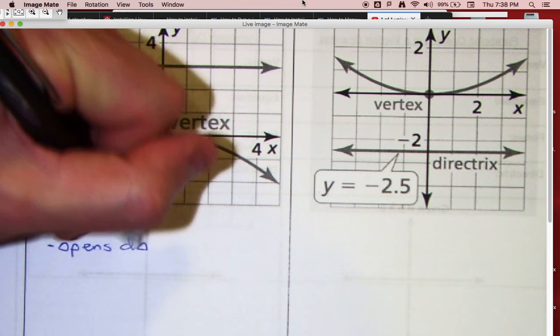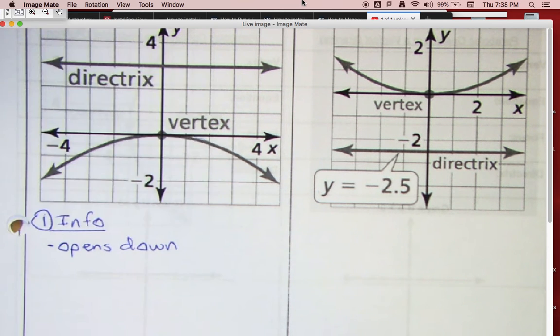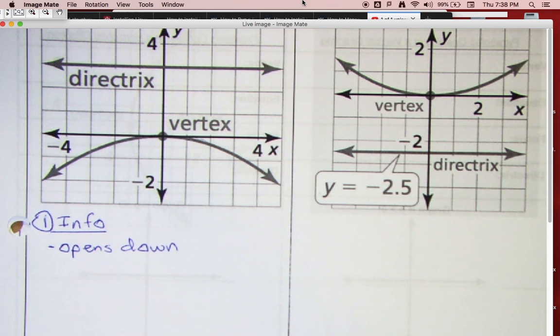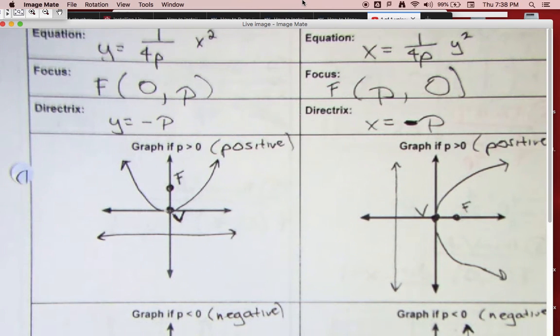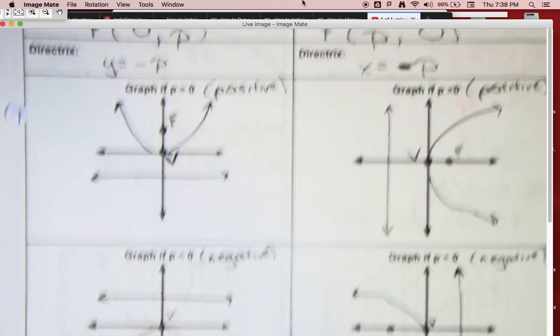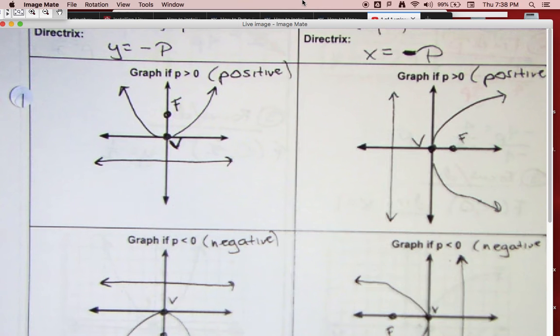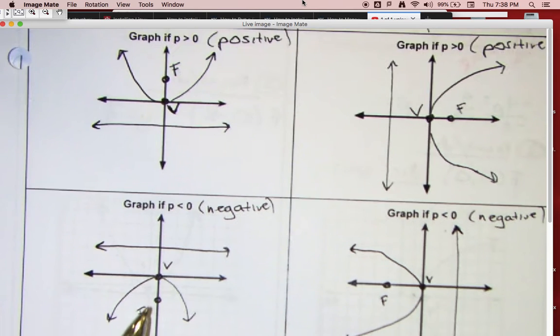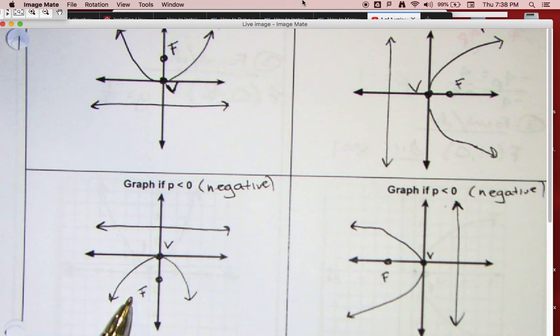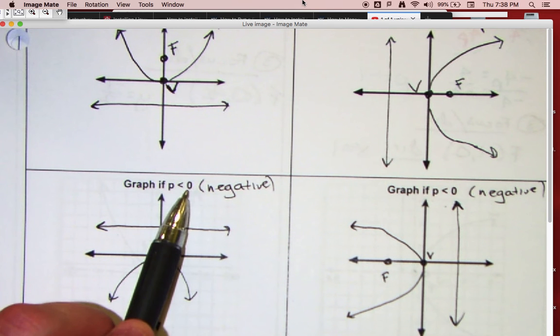Opens down. Since it opens down, we'll be able to go back to our reference table, which we looked at yesterday, and pull up some information. We can pull out two things from this. First, from the graph we can see this one opens down, so we know that p is going to be negative.